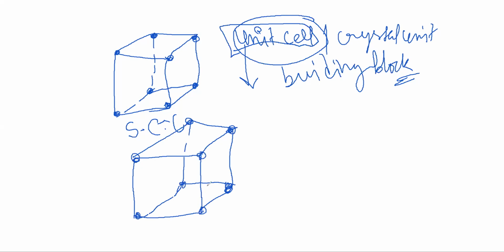As you could see here, this diagram has 6 faces: top, bottom, back side, front side, left side, and right side. So like this molecular arrangement will be there, which is known as FCC, face centered cell.